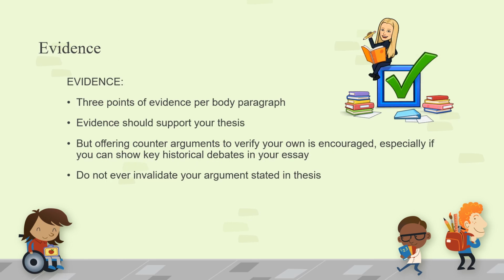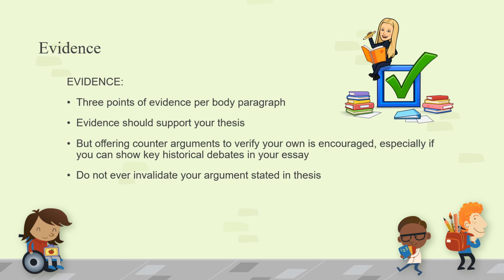So now you've developed an arguable thesis, your point of view over a specific event. Now you need to find evidence. Every body paragraph should at least have 3 points of evidence, or if you're going to cover 1 point of evidence per body paragraph, you better have a lot of analysis that goes with it. You're better off sticking with 2 to 3 points, though.